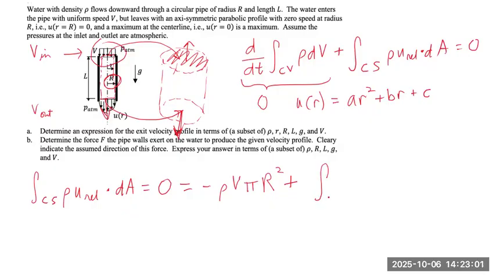It's going to be the integral, from some bounds, of rho times the relative velocity, which is going to be this parabolic equation over here, A r squared plus B r plus C, and dA. So what is dA going to be?